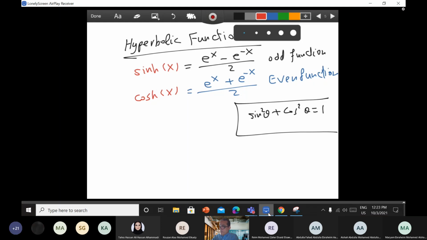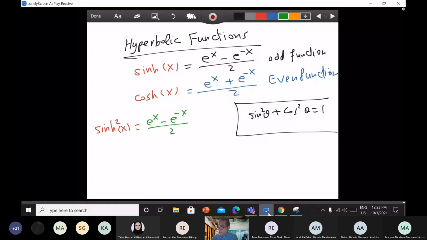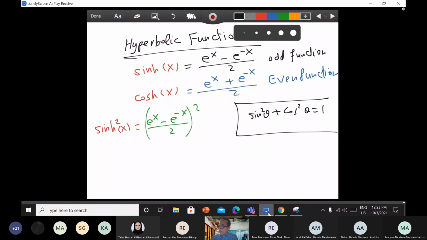Let's go and square sine. Sin square x. It is what? It is e to the x minus e to the minus x over 2, squared. Let's square this one. When you square the denominator, 2 becomes 4.